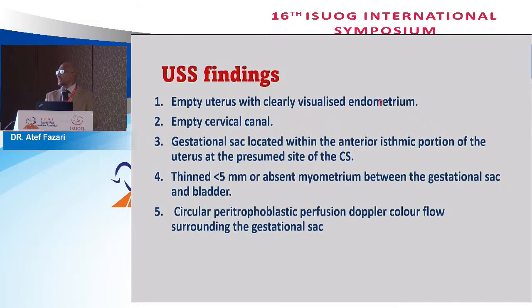The ultrasound finding here: really an empty uterus, I will show you later in the photos. An empty cervical canal excludes cervical pregnancy, and the gestational sac is located somewhat at the anterior aspect of the uterus. If we measure the uterus and the line of the endometrium at the mid, most probably the sac is at the anterior aspect, down or back to the bladder.